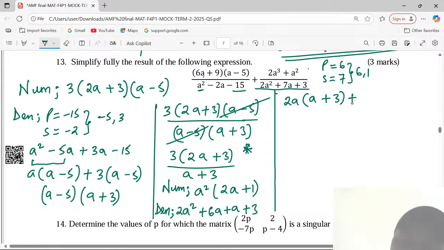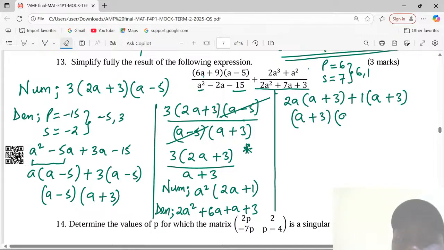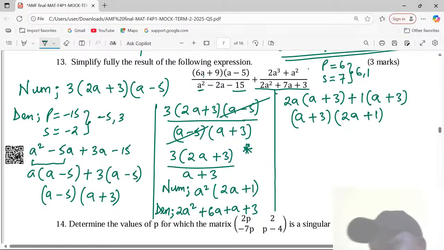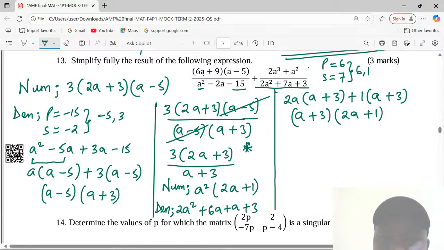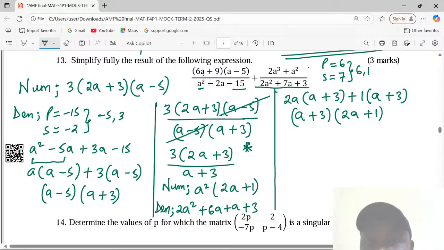Then in the last two, I'm factorizing only 1 to remain with a plus 3. So I'm having inside the brackets a plus 3, outside the brackets 2a plus 1. So now we can combine the numerator and the denominator of the right hand side.